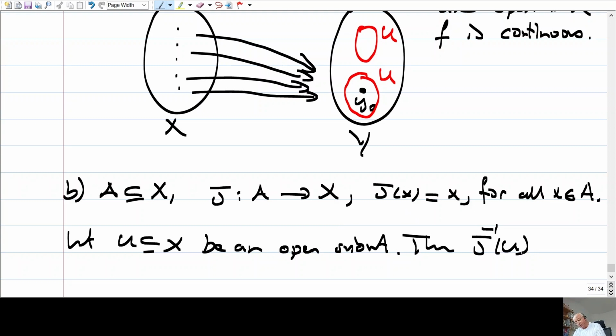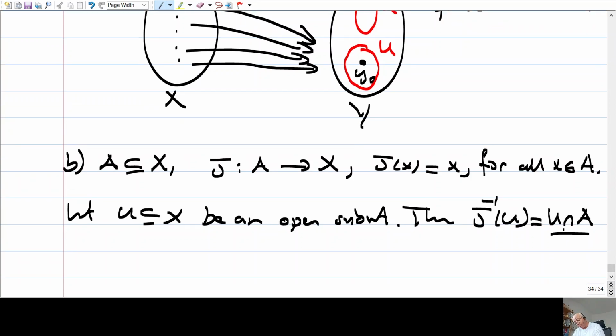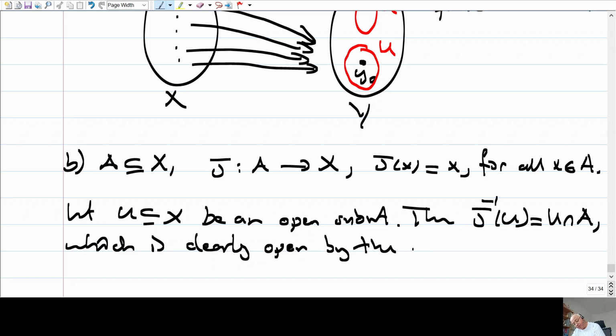That inverse image is the set of all points in U that are contained in A. So this is nothing but U intersection A. But what is this? This is just the definition of an open set in the subspace, right? Which is clearly open by the definition of subspace. Hence, J is continuous.